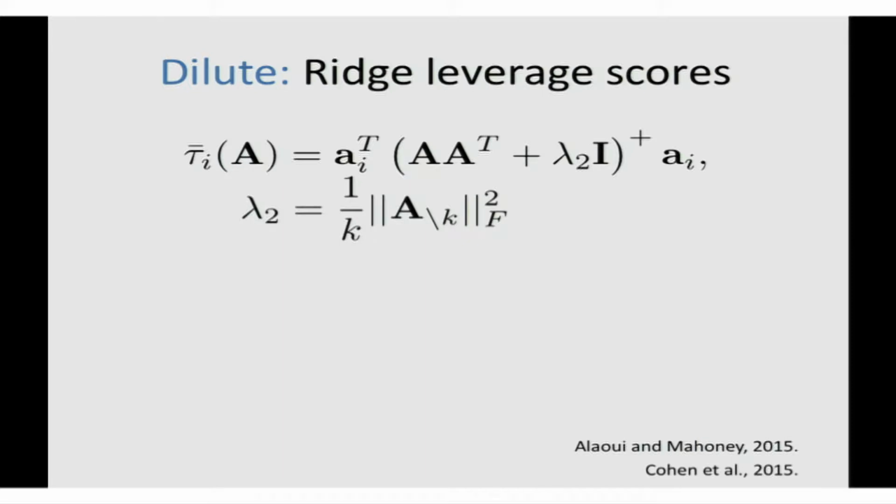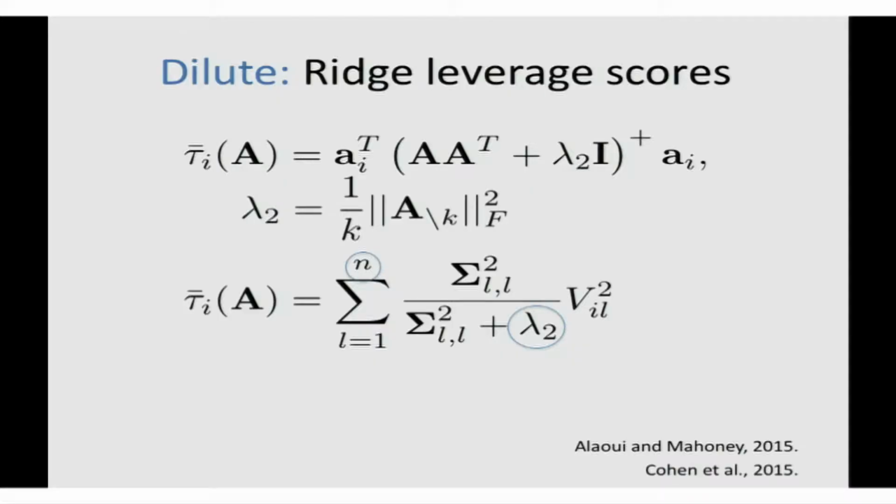For the purposes of this talk, I'm going to fix that regularization constant lambda 2 to be the sum of the Frobenius norm squared of the singular values that are greater than a particular k that you've chosen to be informative for your data. When you do that, the directions with small eigenvalues count proportionally less than the ones with large eigenvalues. This is a more stable thing to do than omitting the directions that have small eigenvalues entirely.